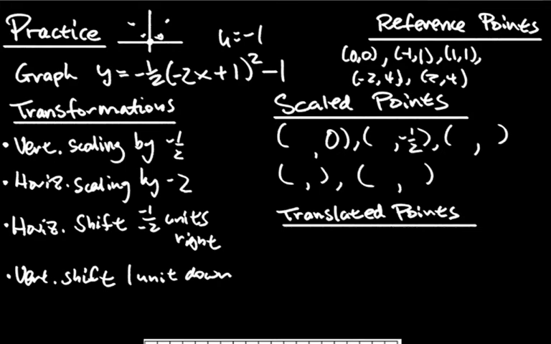Then negative 1/2, negative 1/2, and then negative 2, negative 2. How about the x values? We're going to divide by negative 2. So still got 0 for the x values. And then we have 1/2. And we have negative 1/2. And then, let's see, that's going to give us a 1 and a negative 1.